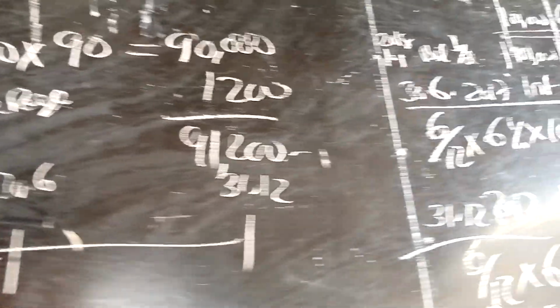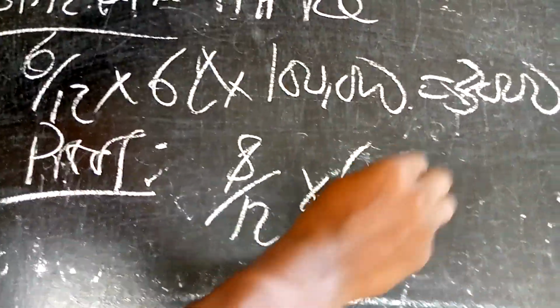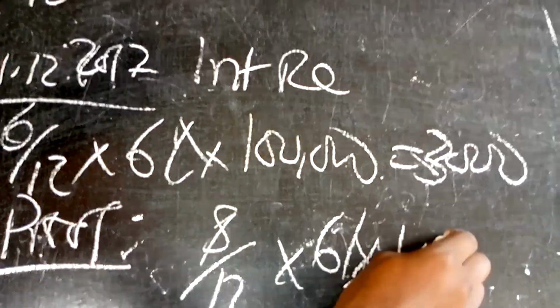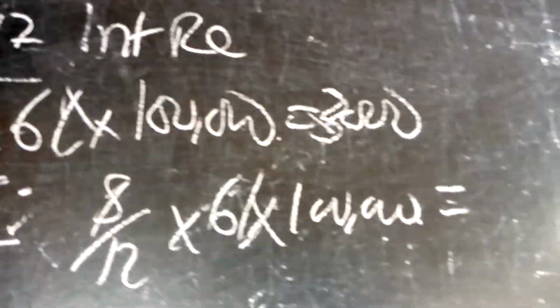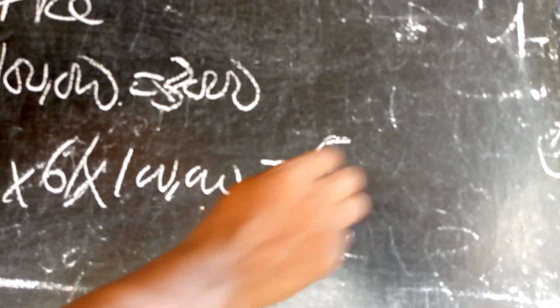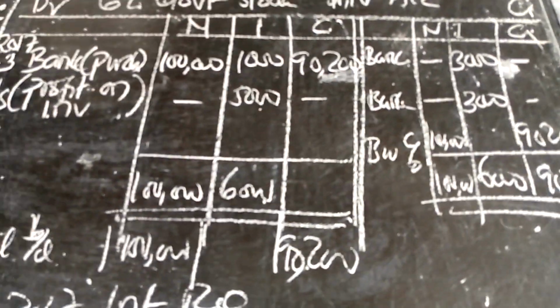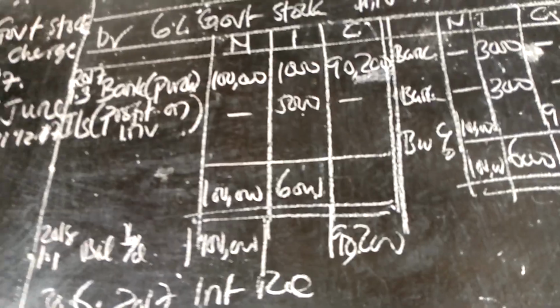So 8 out of 12, times the 6% given, times the nominal value that we purchased, gives an amount equivalent to 5,000, which proves the difference. So this will be our income to be transferred to the income statement. Thank you very much. See you next time.